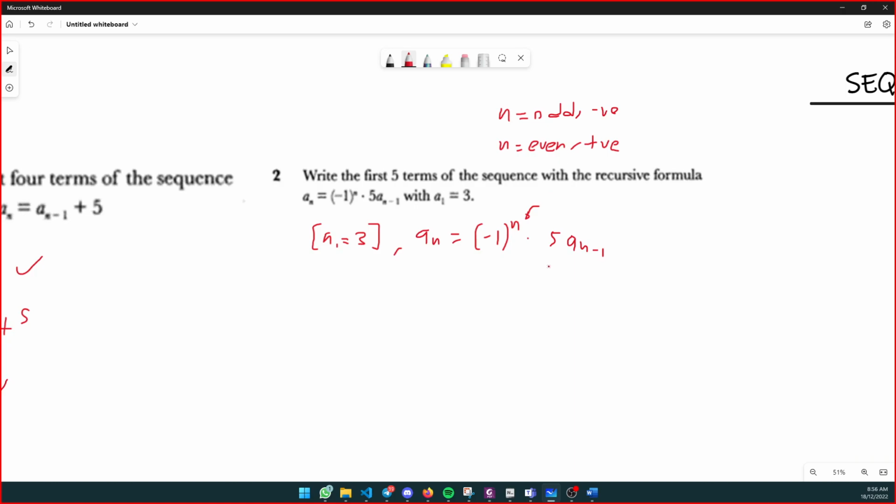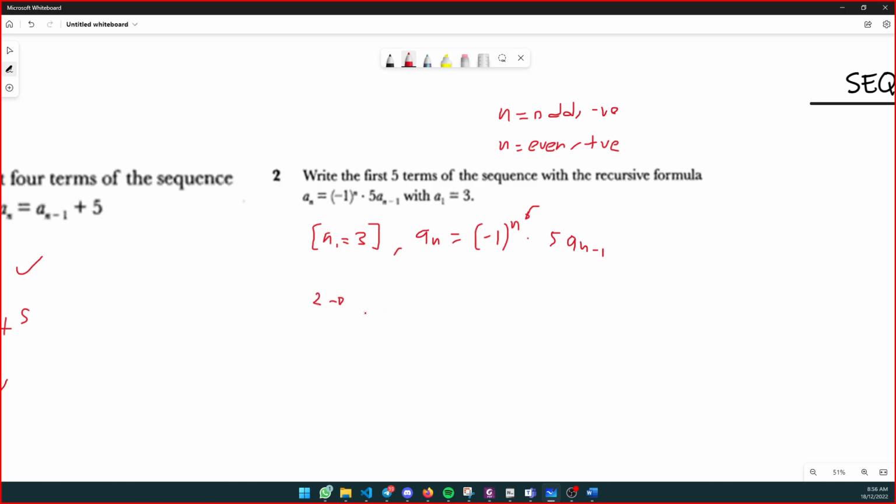What's not normal is the part in front, negative 1 to the power of n. It exists just to change the sign of the value. So you don't have a normal progression, since the sign keeps changing, and you have a different value each time. So let's try inputting 2 into the equation.